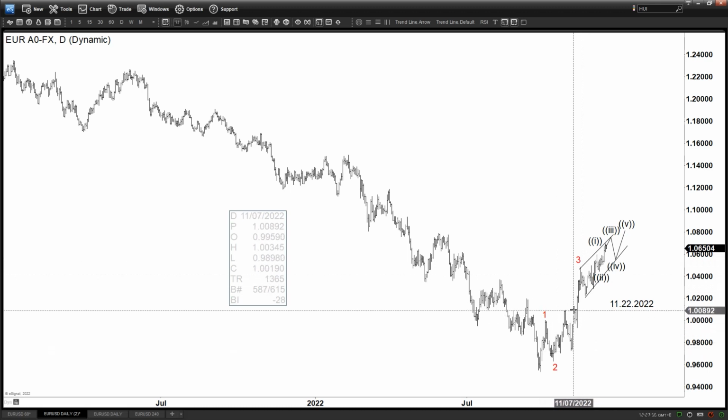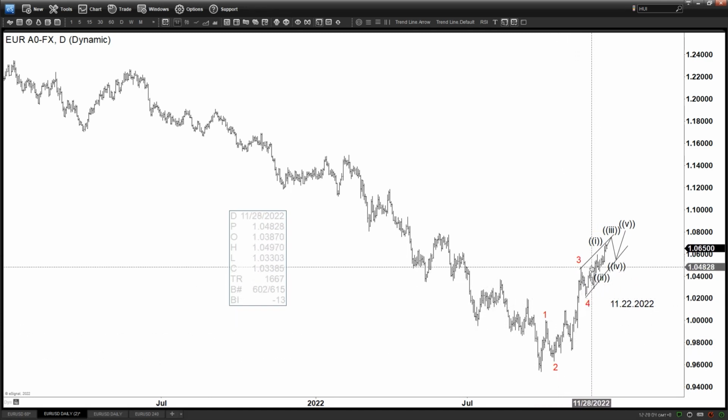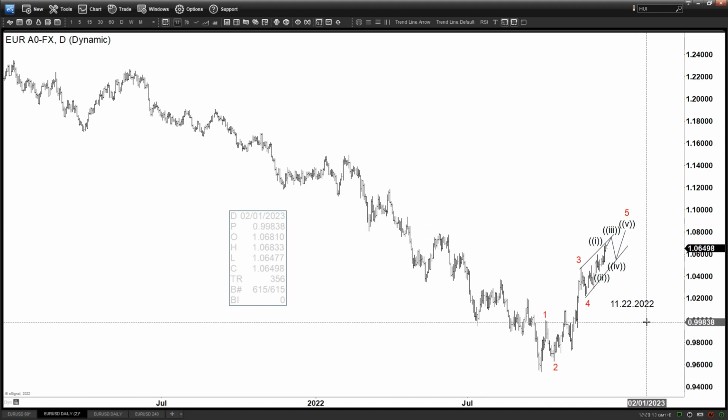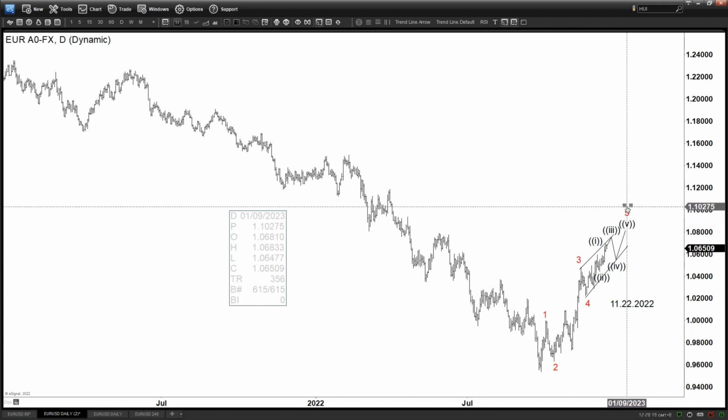Maybe somewhere here can be your 3 and 4. So this is the more conservative view. In which case, after you finish the cycle, you could start doing a 3 pullback, right? The more aggressive view, you can also call it only ending 3 right here.